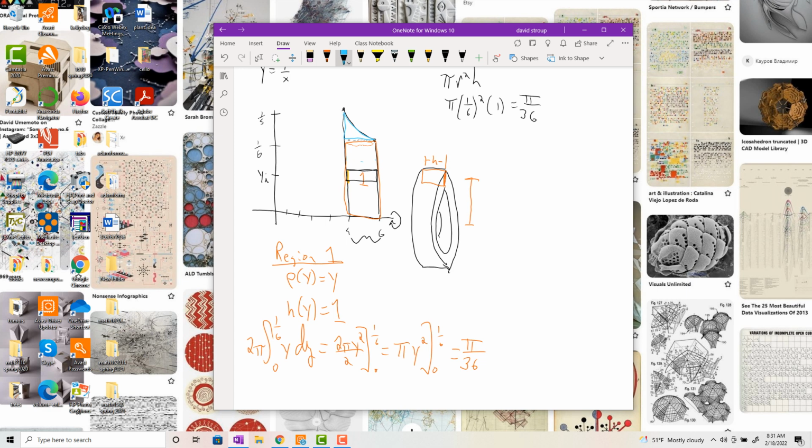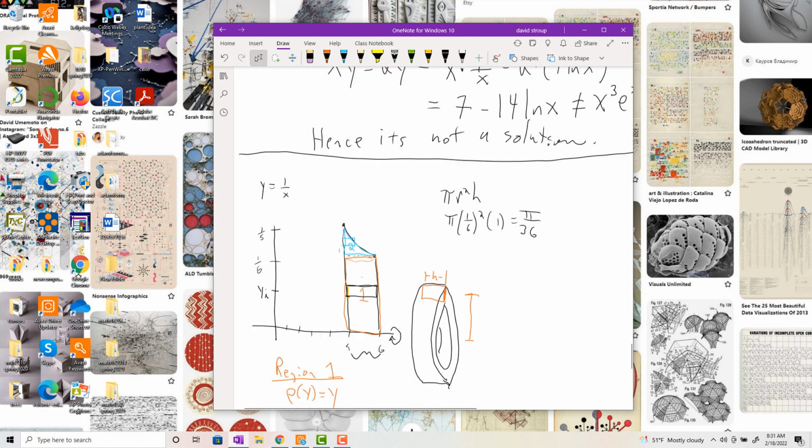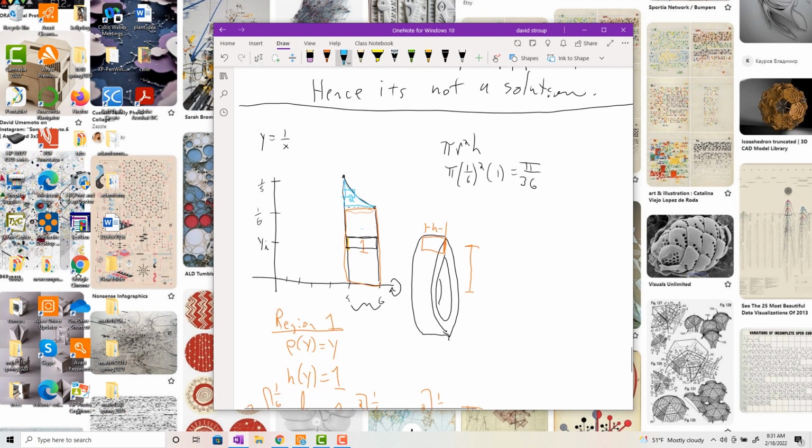The troublemaker then is this other region, region 2, and the issue is that now the height is variable. And what is it dependent on? It's dependent on that original function y equals 1 over x. So let's go over here and set up region 2.